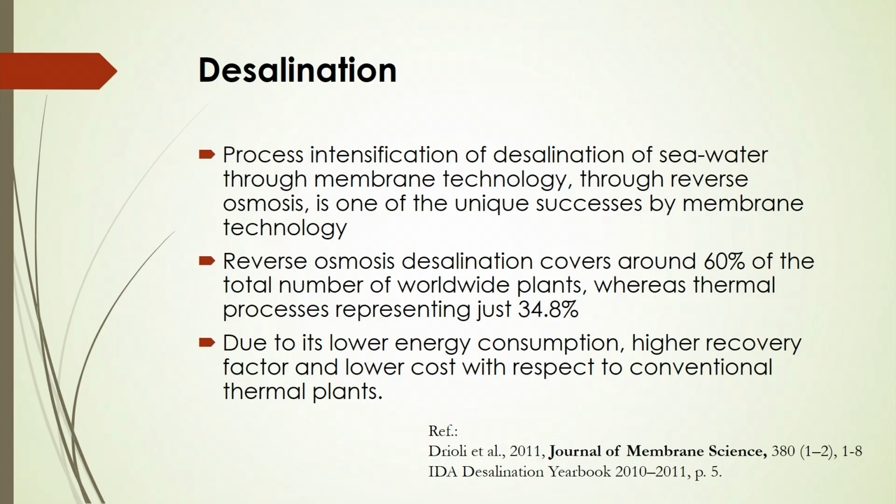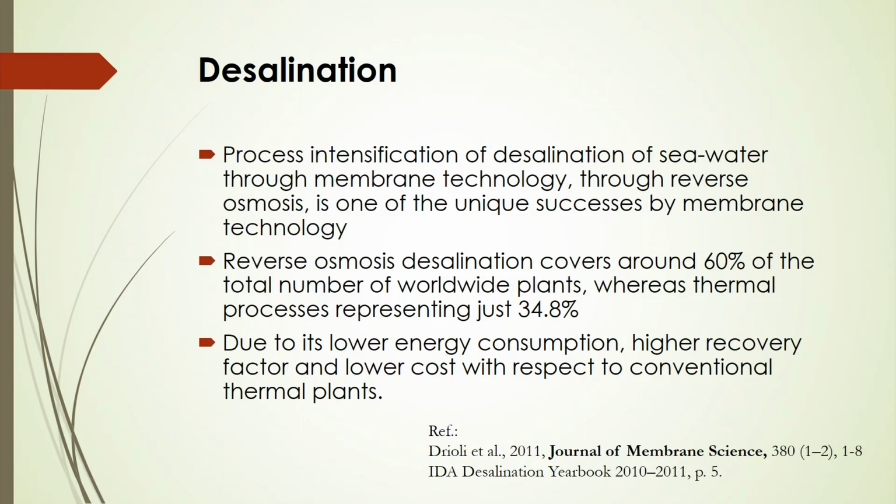if you are doing the desalination of seawater through membrane technology, you will see that reverse osmosis is one of the unique successes of membrane technology. In this case, it covers around 60% of the total number of worldwide plants, whereas thermal processes represent just 34.8%.